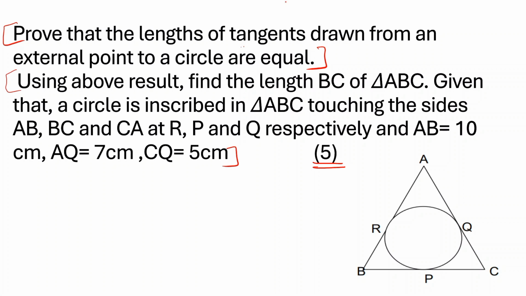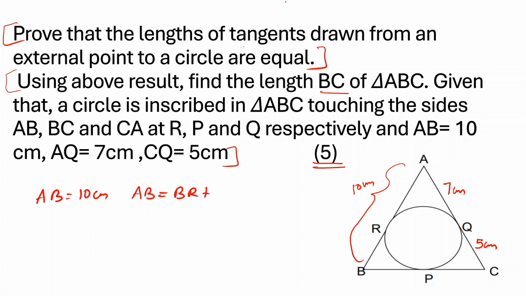The second part I'm doing here. So you know the sides AB equals 10 centimeter and AQ equals 7 centimeter, CQ equals 5 centimeter, and you have to find the length of BC. AB equals 10 centimeter and AB is actually BR plus AR, and it is given AQ equals 7 centimeter.